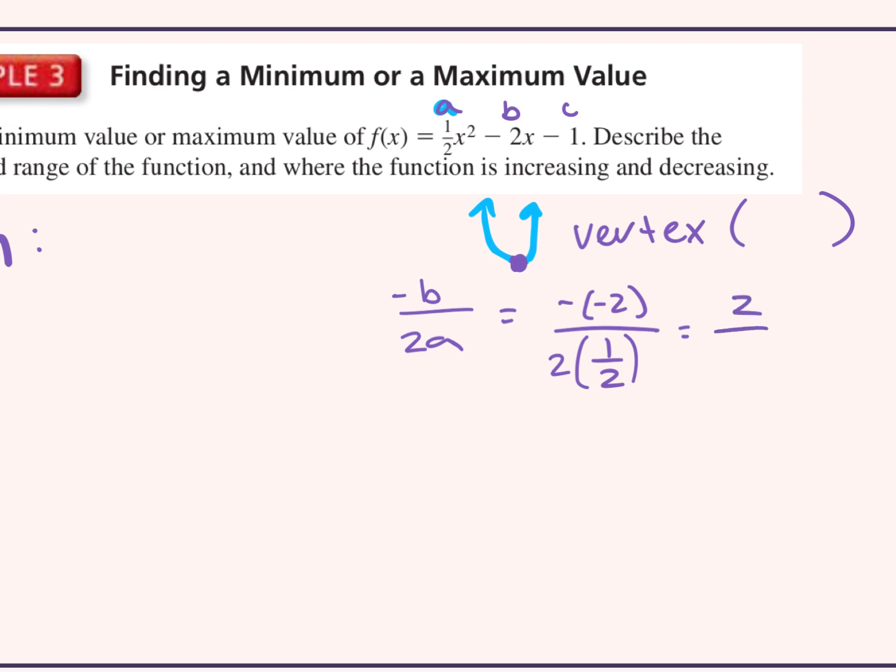So this would be 2 over 1, which is 2. In the denominator, it's 2 times a, so it's 2 times 1/2. When you multiply, this would be 2 over 2, which is just 1.